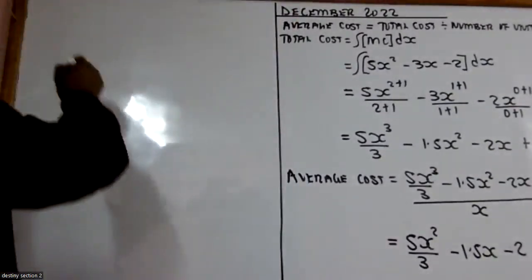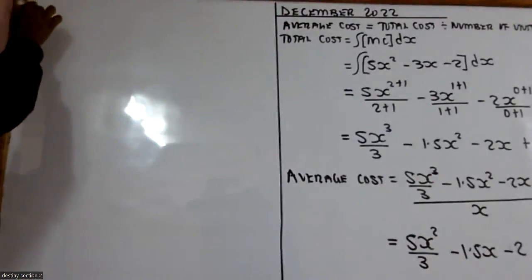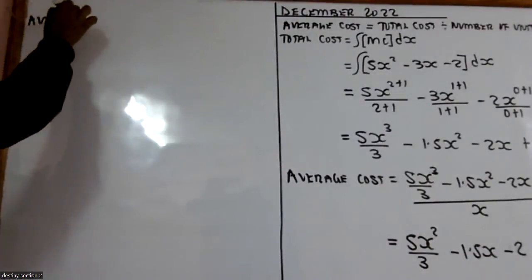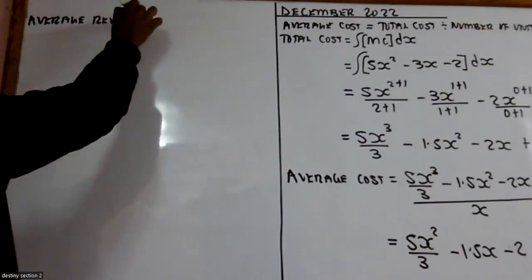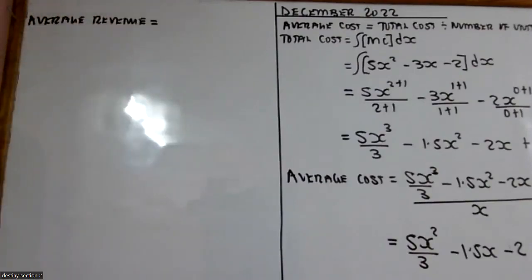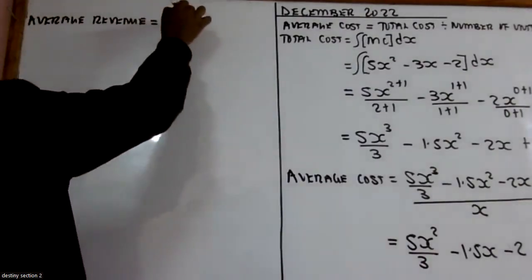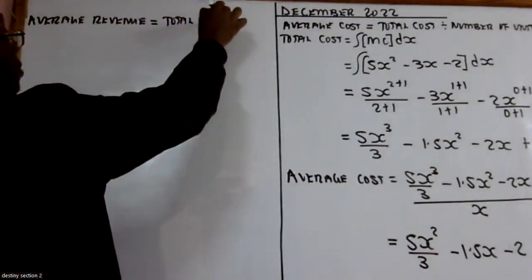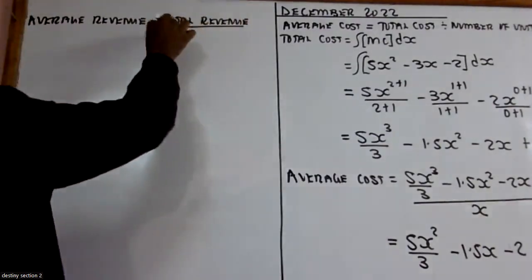So we will come here and say that average revenue will be equal to total revenue divided by total units.